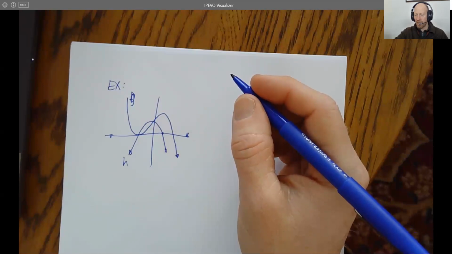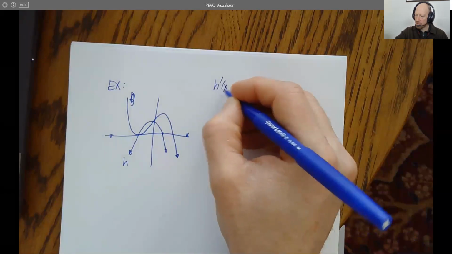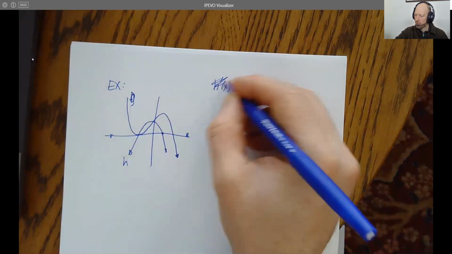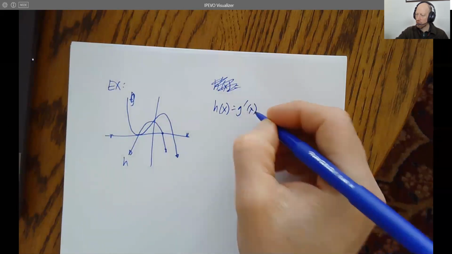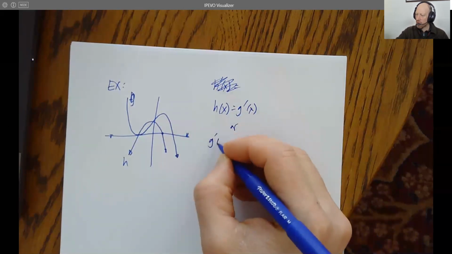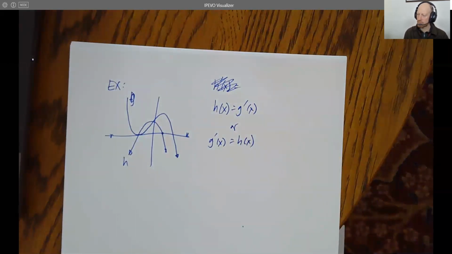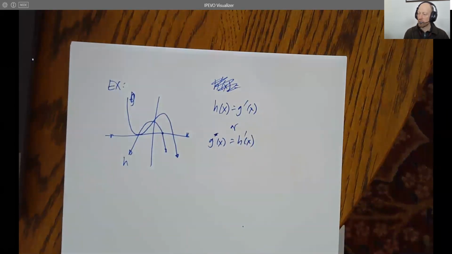So either H of X is equal to G prime of X, or G is equal to H prime of X. So one of them is the derivative of the other function.